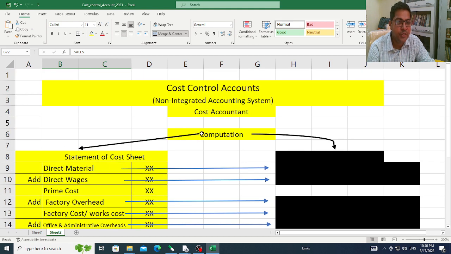This is what the cost accountant prepares through statements. Now these are statements the accountant shows to the company. The company's board of directors wants some general entries, some debit and credit, but the cost accountant is not interested in doing such debit and credit.